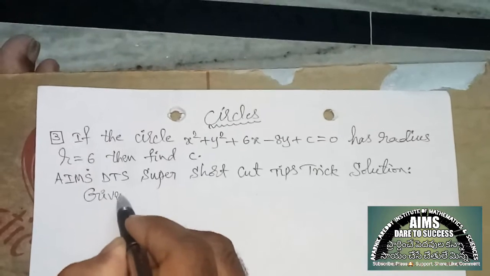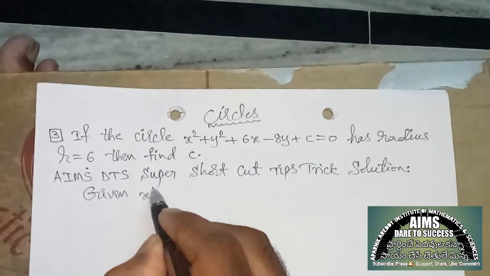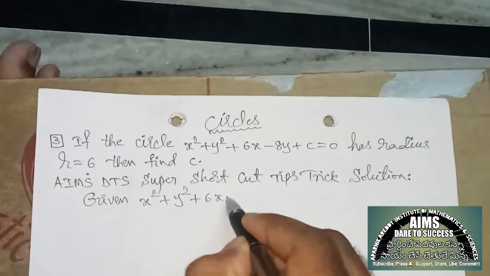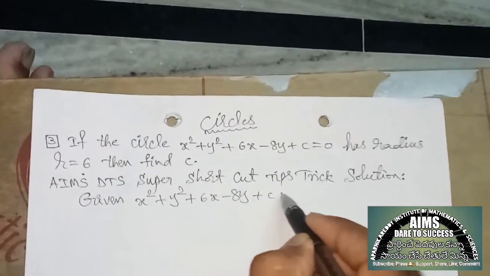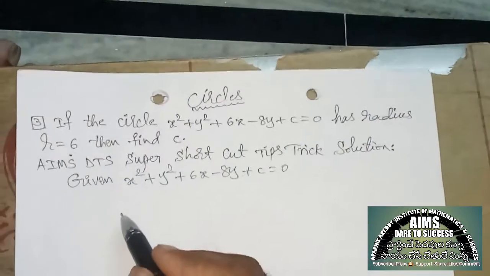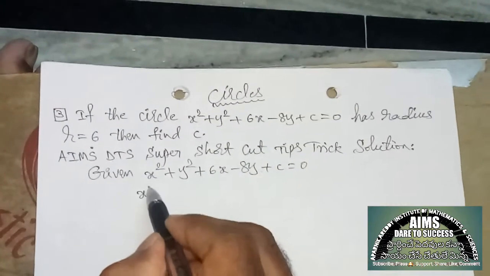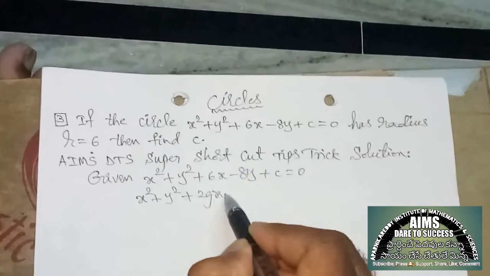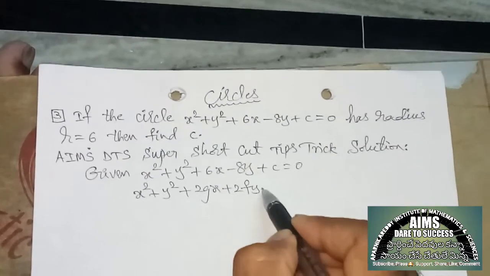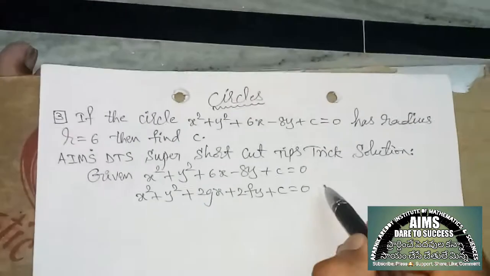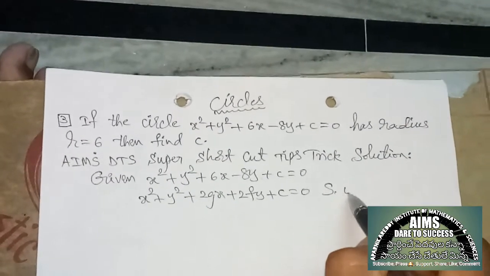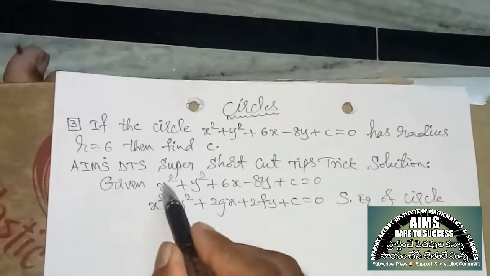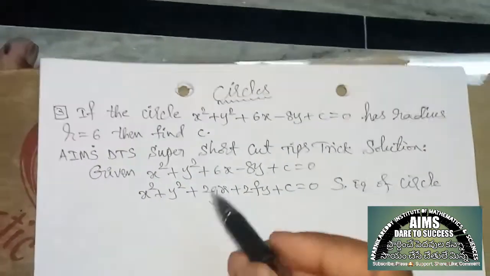Now I am writing the given equation of the circle, x square plus y square plus 6x minus 8y plus c is equal to 0. Compare with the standard equation of the circle, that is x square plus y square plus 2gx plus 2fy plus c is equal to 0. x square is equal to x square, y square is equal to y square.